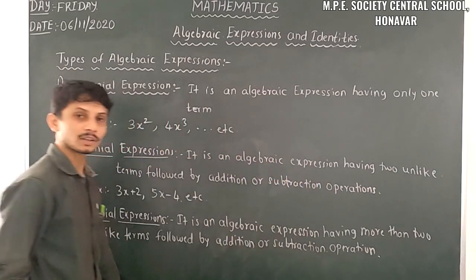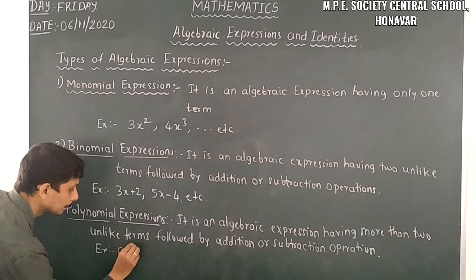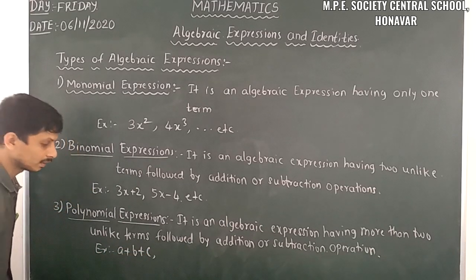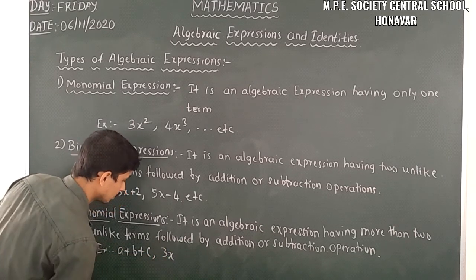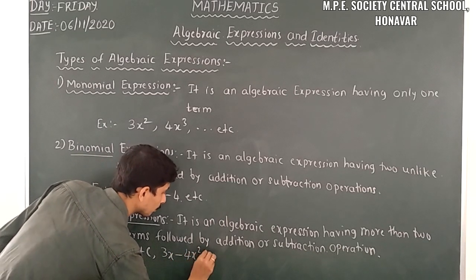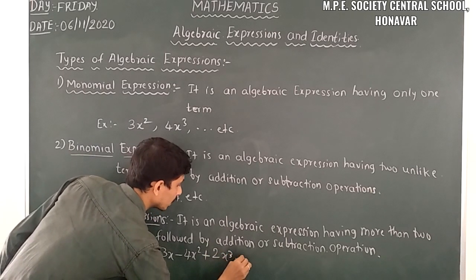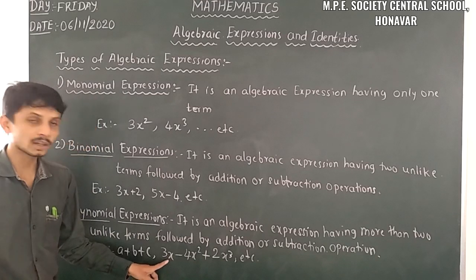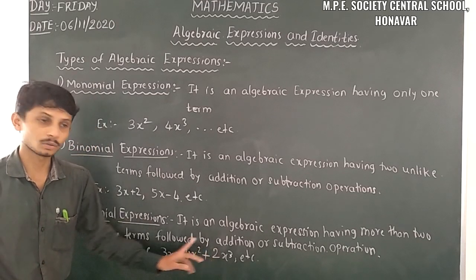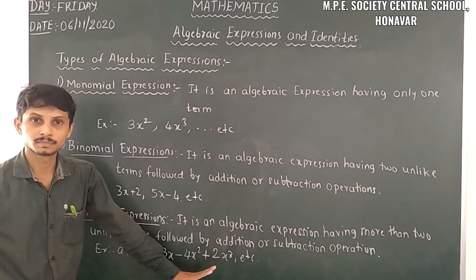Whatever example you can take, for example, a plus b plus c, then 3x minus 4x square plus 2x cube, etc. Here just observe x square and x cube. Here only x terms are there, but the power is different.